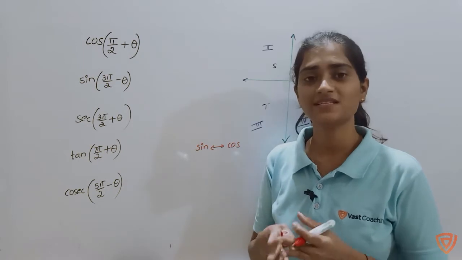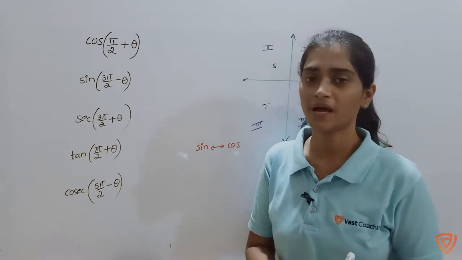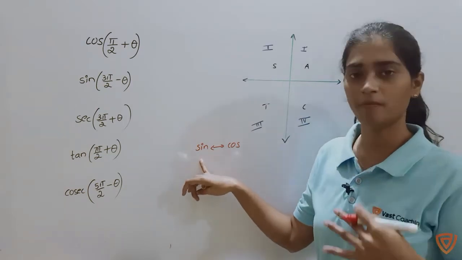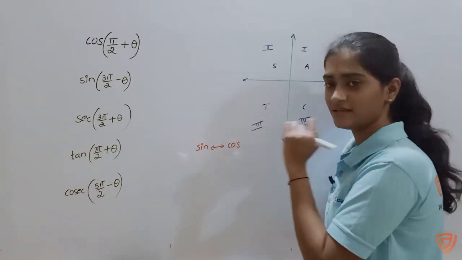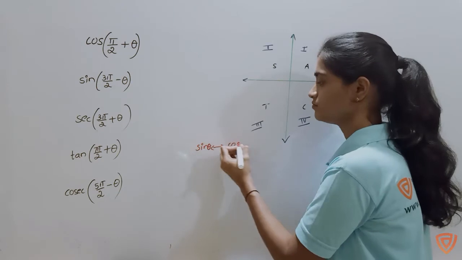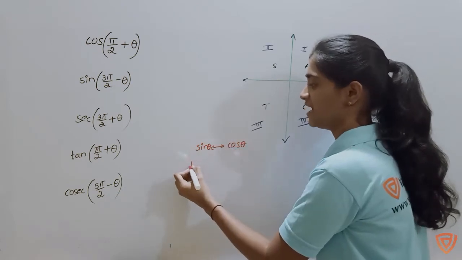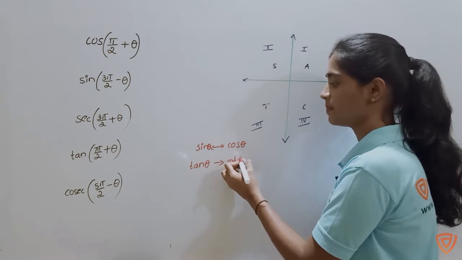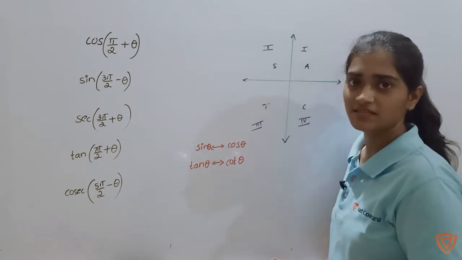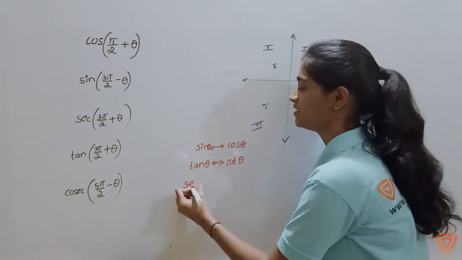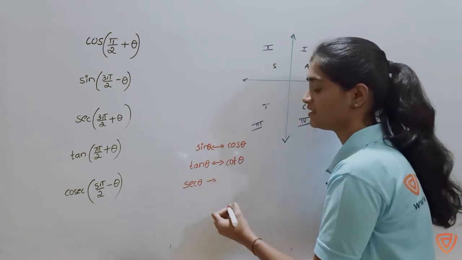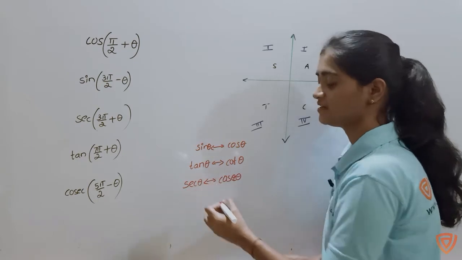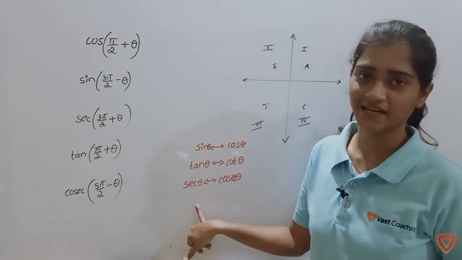If one angle is theta, the other angle will be pi by 2 minus theta. So it just takes its complementary angle. Sine's complementary is cos, tan's is cot theta, cot's is tan, secant's is cosecant theta, and cosecant's is secant theta, right?